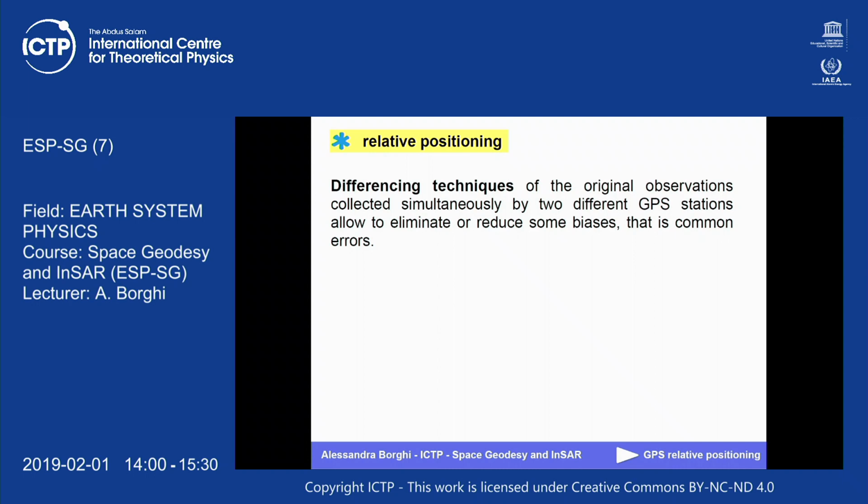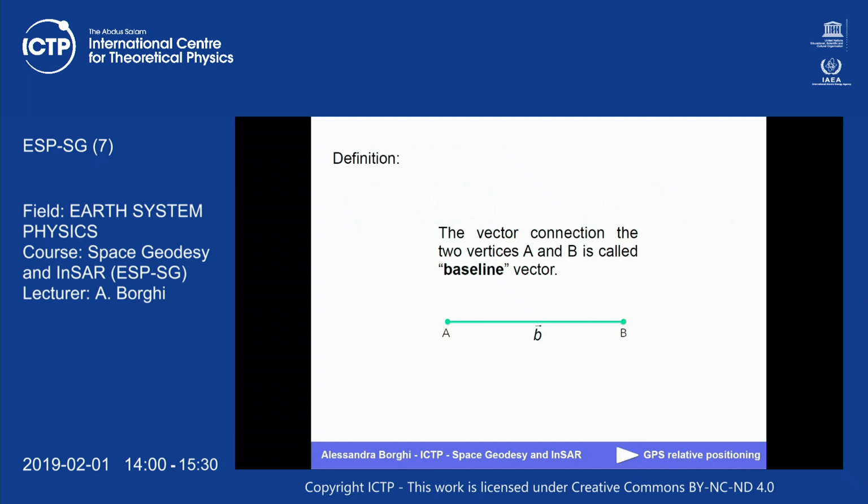In this case, all the common error present in the data can be removed if you use differencing. So, before we start, given two receivers in the benchmark A and the benchmark B, the vector connecting these two vertices is called baseline. Okay, so now we are going to speak about baseline, this vector, the connection of two receivers.